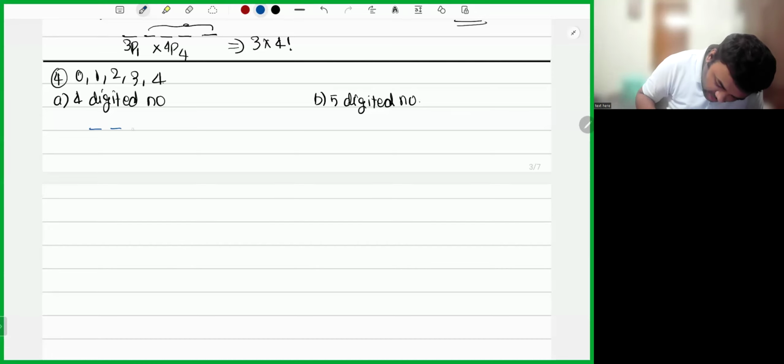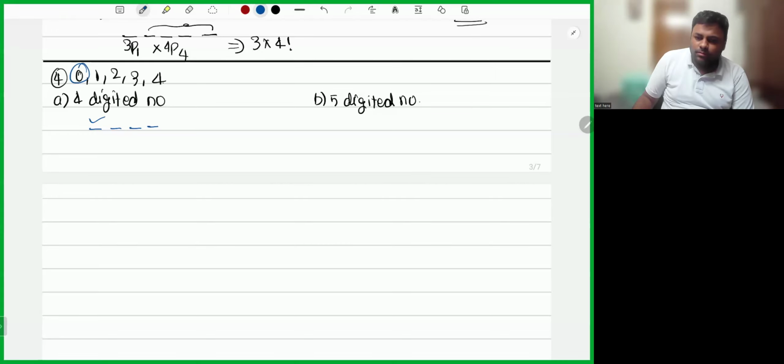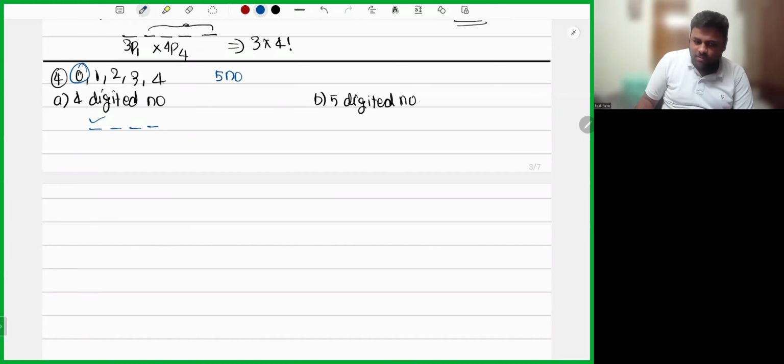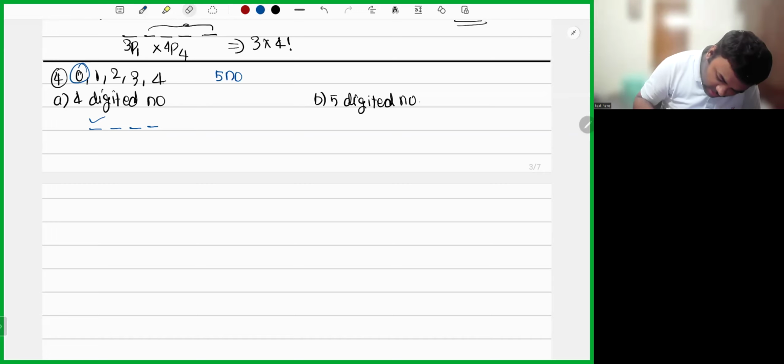4-digit number. 5 numbers are there. In these 5 numbers, can you keep 0 in the first place? Obviously, no. Because if you keep 0 in the first place, it will not become a 4-digit number. Rather, it will become a 3-digit number. So, other than 0, what are the numbers we have? 4 numbers I have.